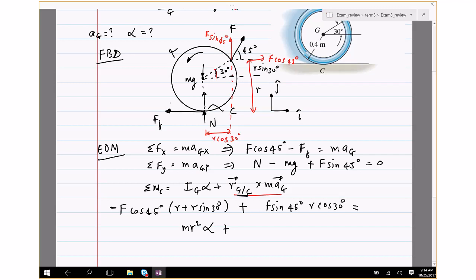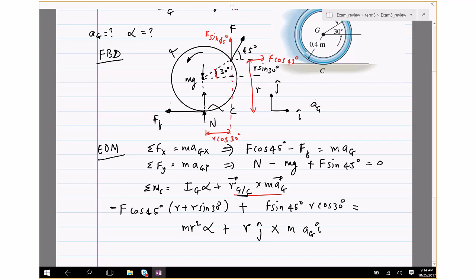You can see that the vector is pointing in the positive J direction and its length is R, crossed with mass times acceleration of G. Now, if I assume that alpha is in the counterclockwise direction, then aG, let me write aG, let's say assume that aG is in the positive I direction.